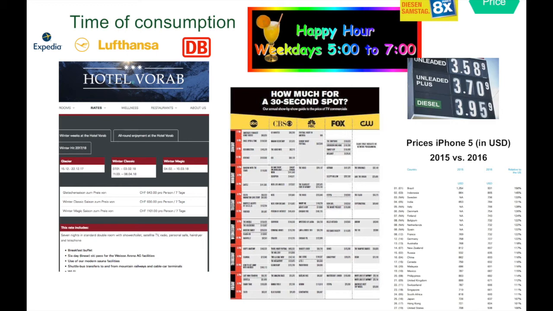Last but not least, we have a list of prices for the iPhone 5. It compares the prices in 2015 and 2016 by different countries. So the first country would be Brazil, and the price dropped by, or didn't drop, the price was 156% higher in 2015 than it was in 2016.